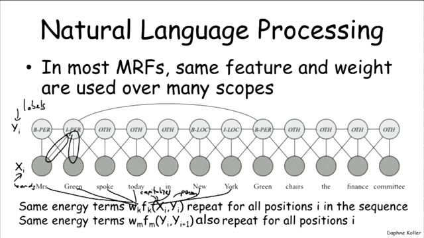That is, the same feature which talks about the connection between the label of the word and the word itself would recur in every position in the sequence, because you wouldn't want a different parameterization for different positions in the sequence. And similarly, we have the same energy terms, for example, that relate adjacent words also being repeated across different pairs of adjacent words.